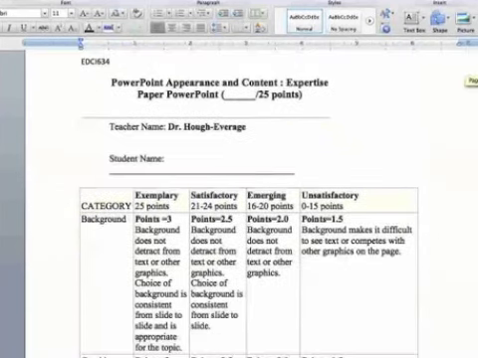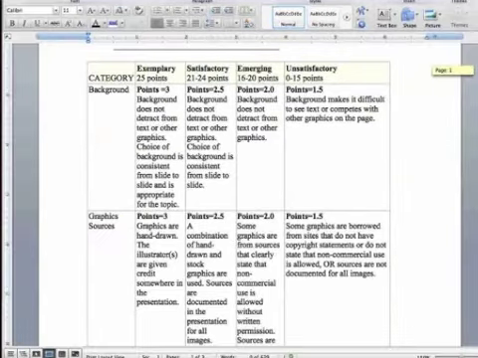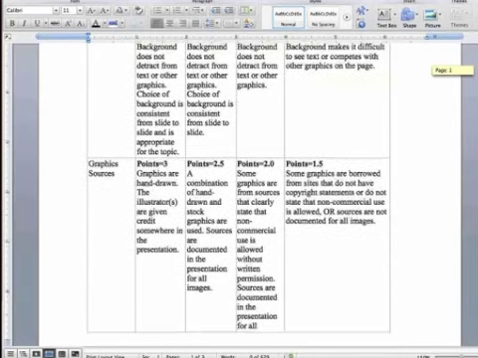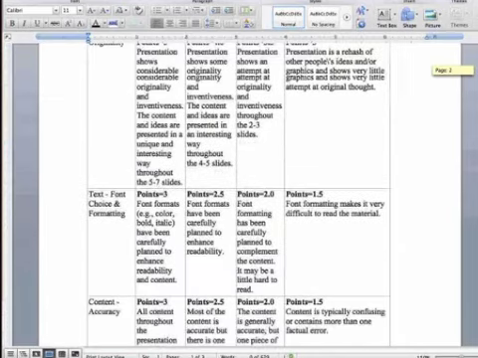And again, you're almost at the very end when you get here. So the rubric for the PowerPoint is very straightforward. I know that the rubric for the paper is big and it requires an inordinate amount of focus. Well, welcome to higher education. This one is very straightforward.